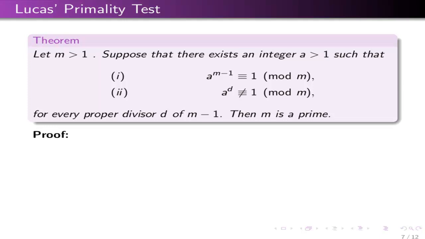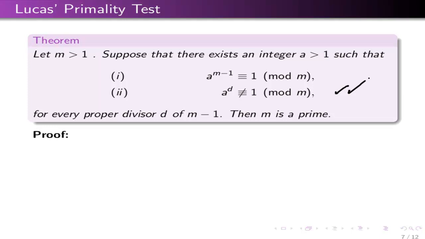So suppose that we have an integer a greater than 1, such that a to the m minus 1 is congruent to 1 mod m, but a to the d is not 1 for any proper divisor d of m minus 1. In that case, we do get to conclude that m is a prime number. So that's the type of converse statement we have to what I was calling the composite number test a couple slides earlier. We need this extra hypothesis here.